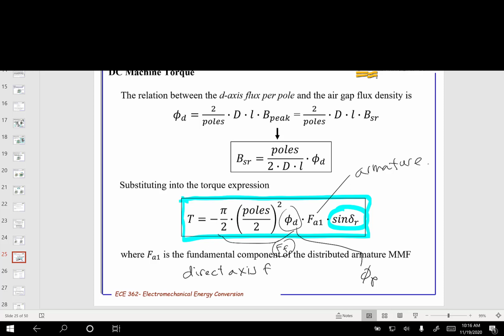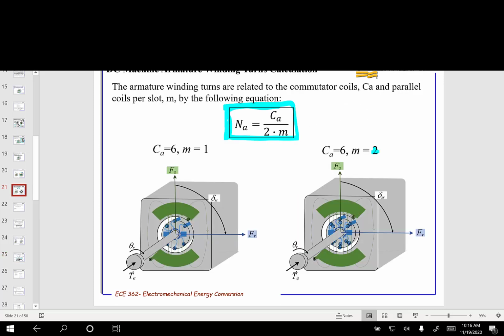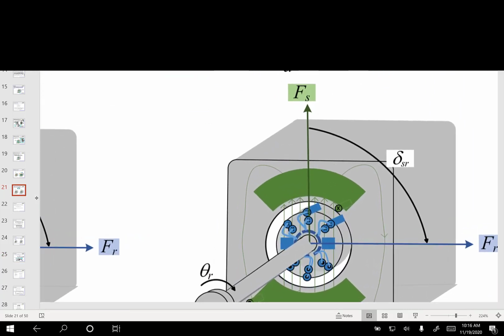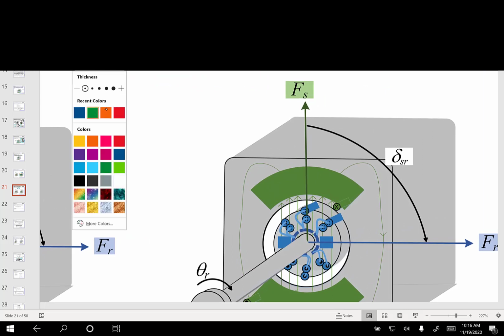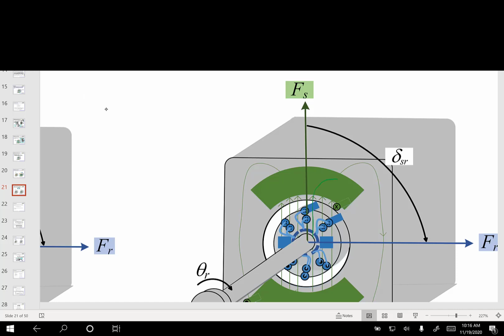And I'll re-review this at the beginning of the next time. And this is the flux that is going in this direction here. So you've got your flux flowing from the field.